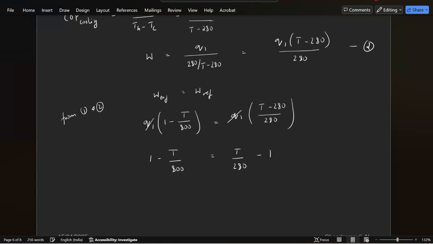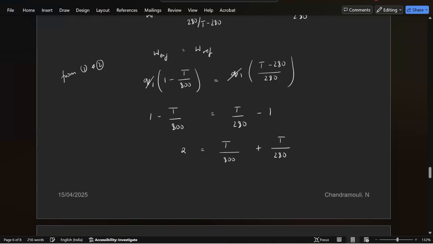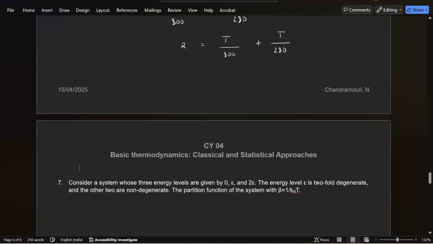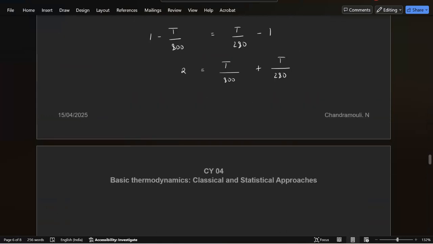So it will become what? This goes to that side. So 2 is equal to T by 800 plus T by 280, which is equal to 280T plus 800T divided by 800 times 280.